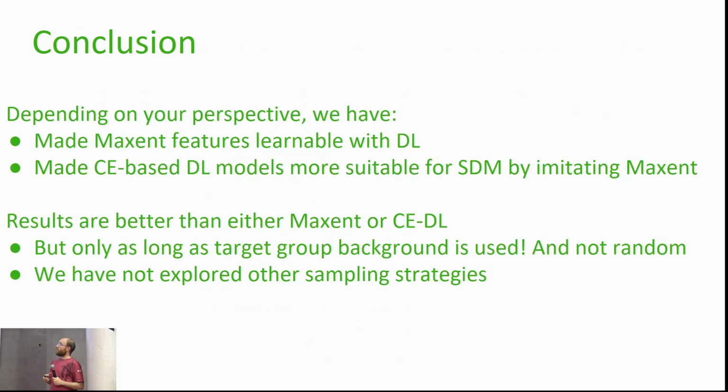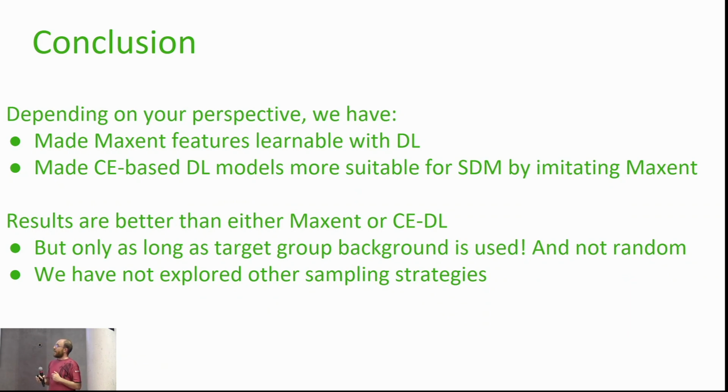Depending on your perspective, you could see that what we have done is made Maxent features learnable with a neural network, or made deep learning models more suitable for SDMs by applying the principles of Maxent.